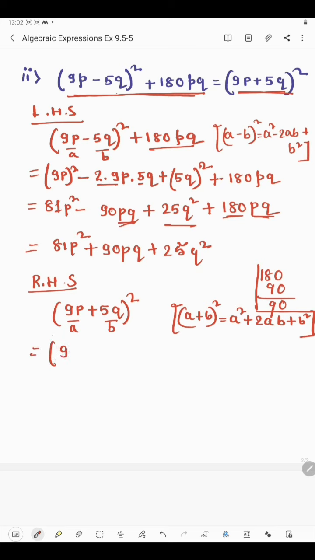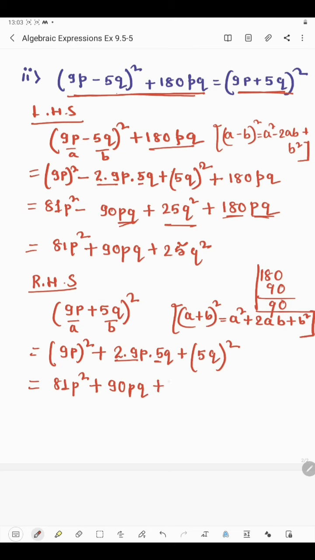So a square means (9p) whole square, plus 2 into a, which is 9p, and b, which is 5q, plus b square, which is (5q) whole square. Now (9p) whole square means 9 into 9 is 81, and p square means p into p, plus 2 into 9 is 18, 18 fives are 90, pq, plus 5 square means 5 into 5 is 25, and q square means q into q.